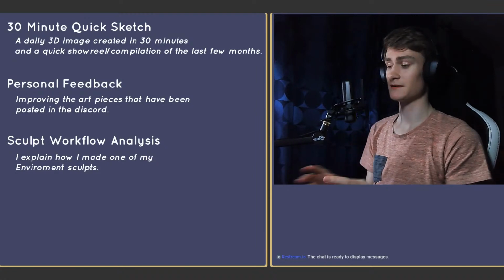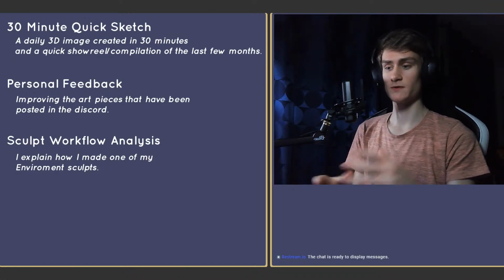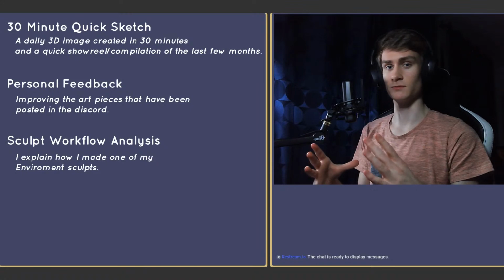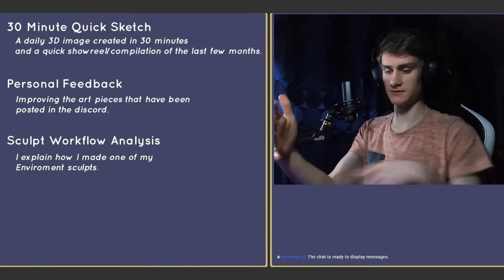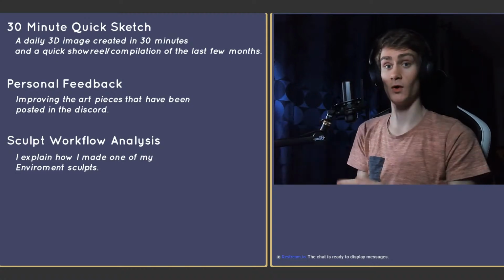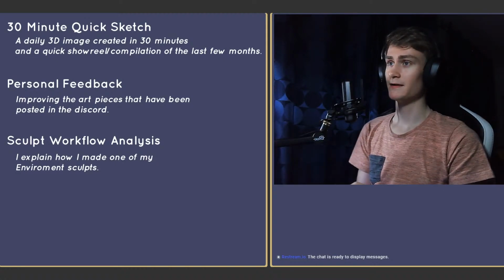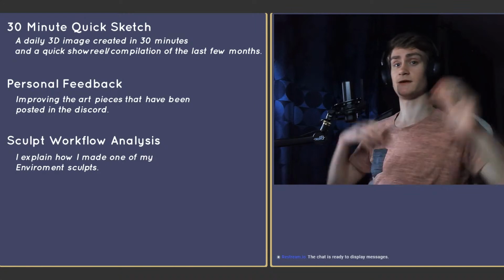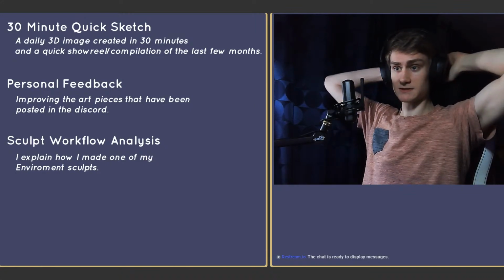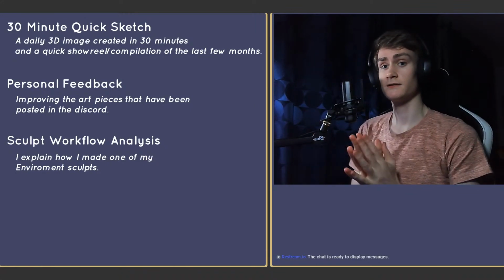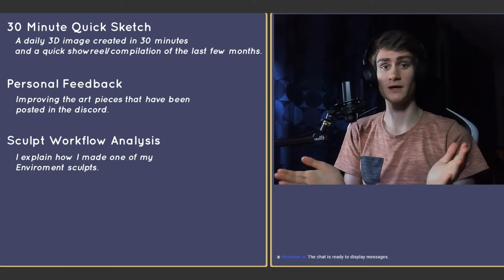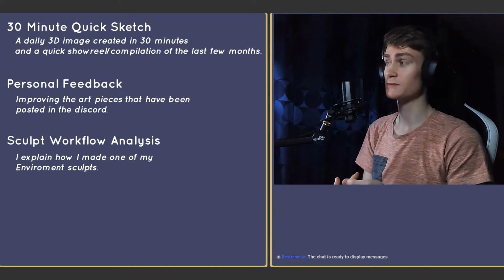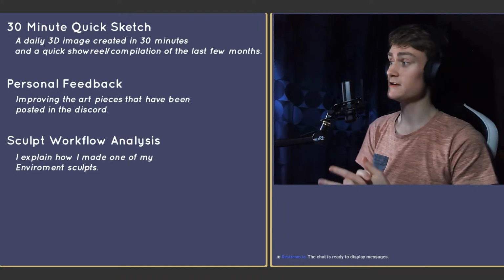There was a short scene with an environment sculpt, basically a door with a staircase, and then there were some rocks and a wall and all that stuff. Somebody asked if we could look at it and I could explain how I made it, what techniques I used to create that sculpt. Which is going to be the 3rd topic today.